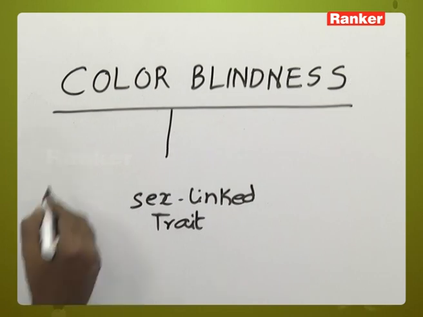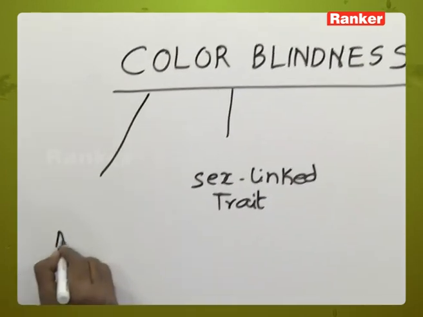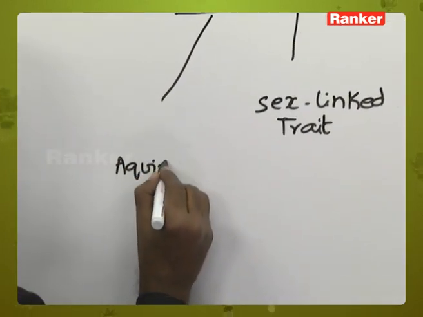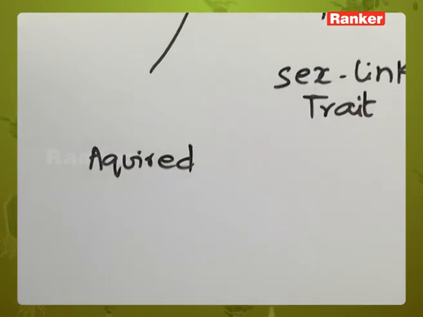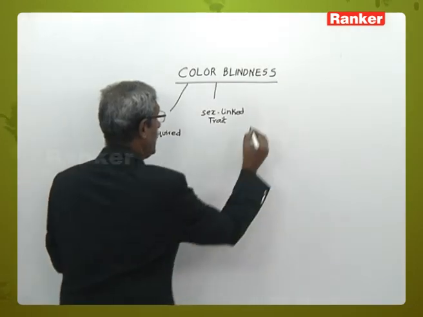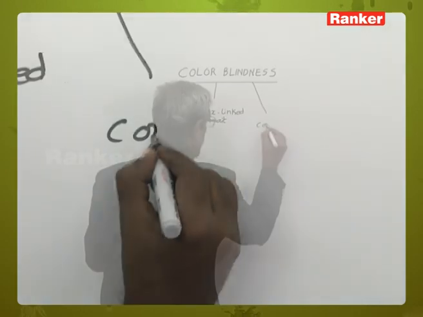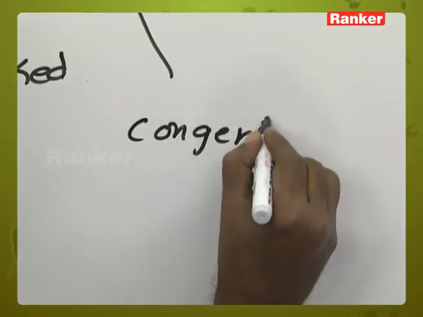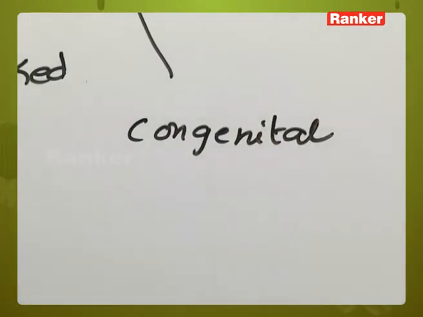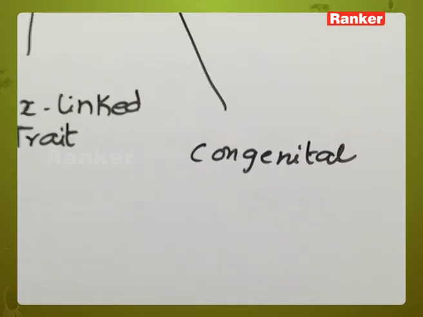Color blindness could be acquired, where the environment has a role to play, or else it could be congenital, transmitted from the parents to the offspring.